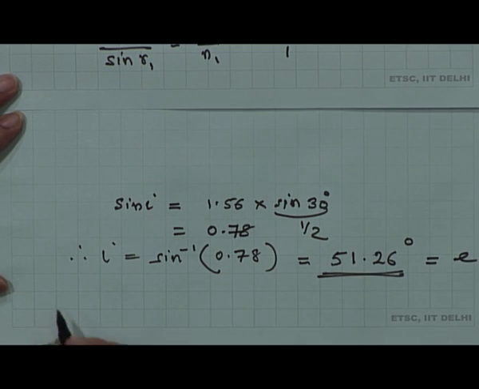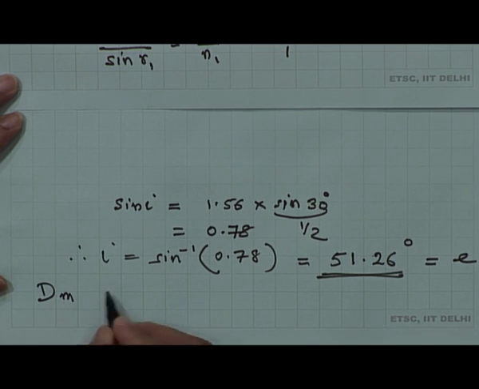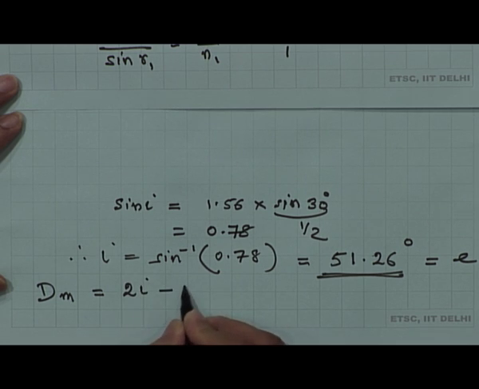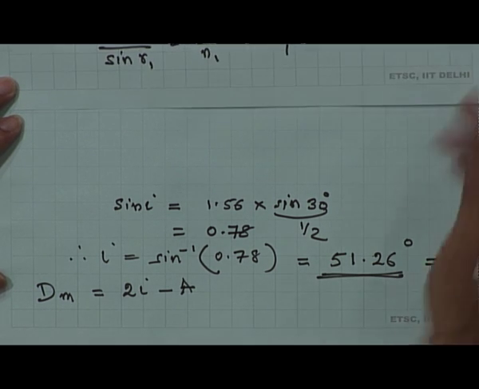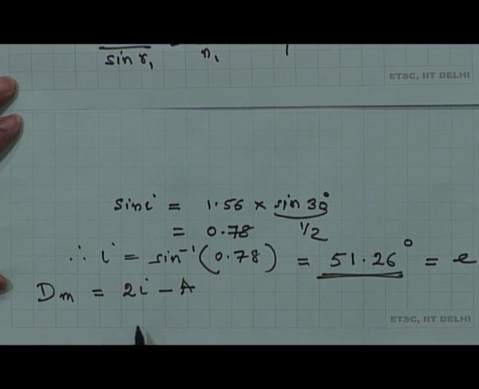Of course, we can also determine the angle of minimum deviation, dm. So, dm is equal to twice I minus A, that is how we got I is equal to A plus dm by 2. In the first part of the question dm is not asked, but we can just calculate it for interest.